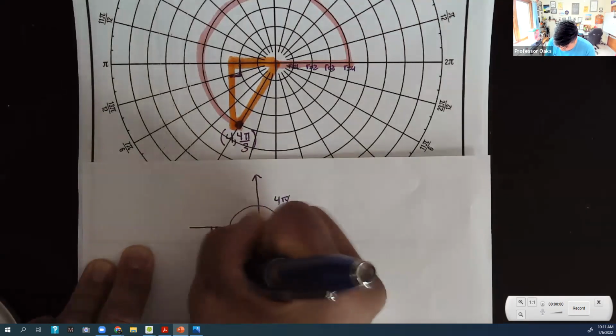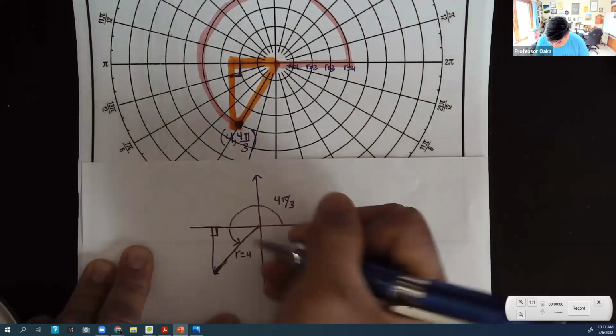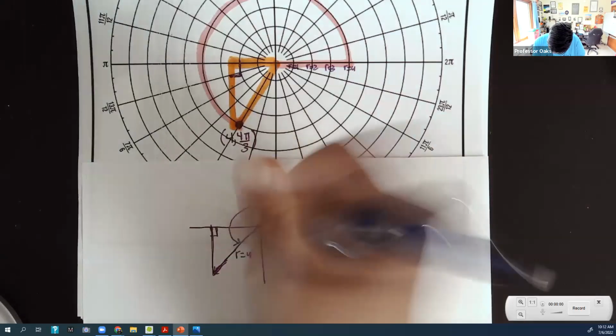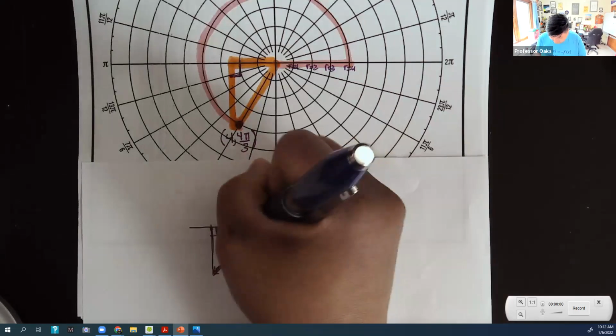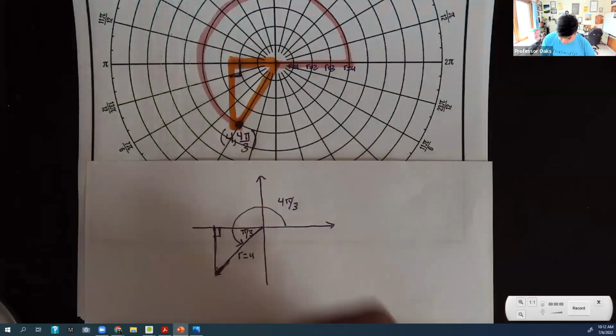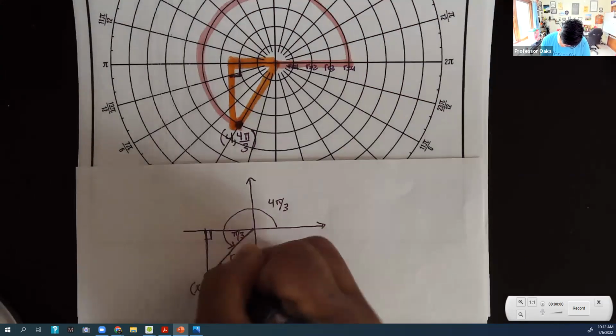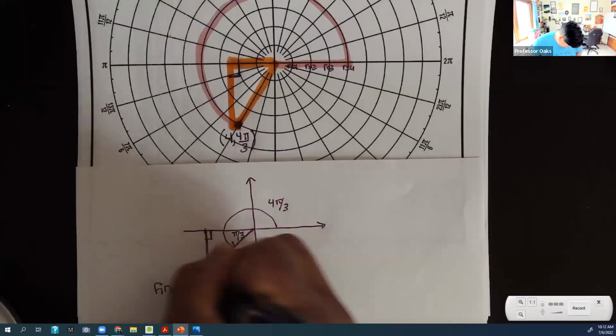So then I know that this angle right here is actually pi over 3. So then I need to find X and Y. So that's what this question actually is.